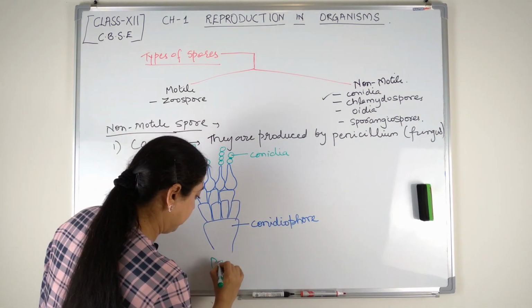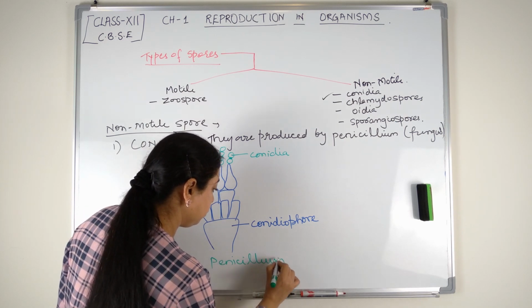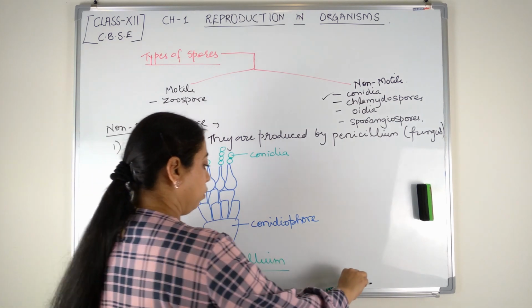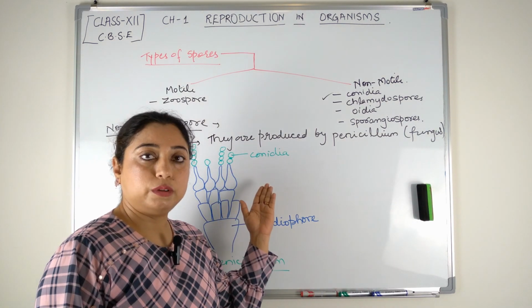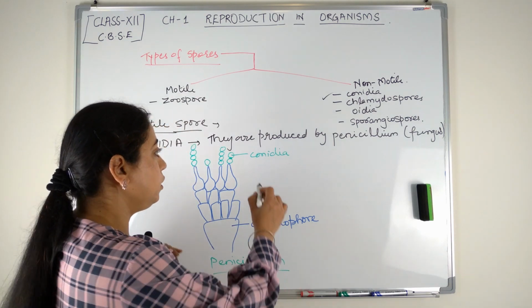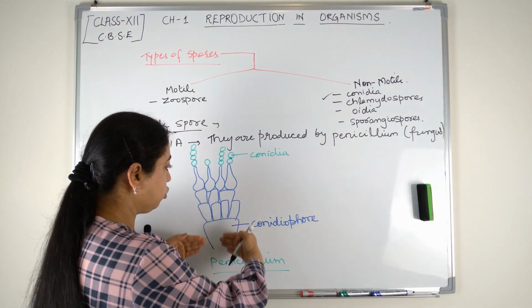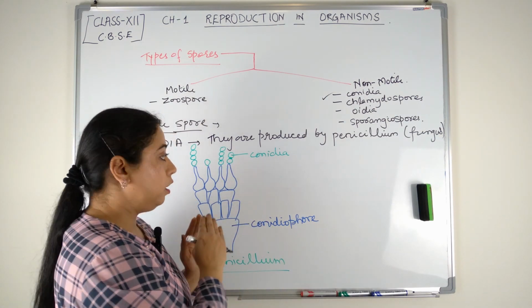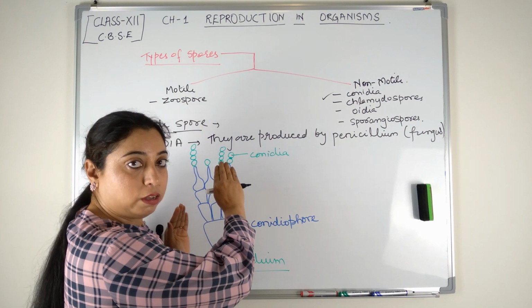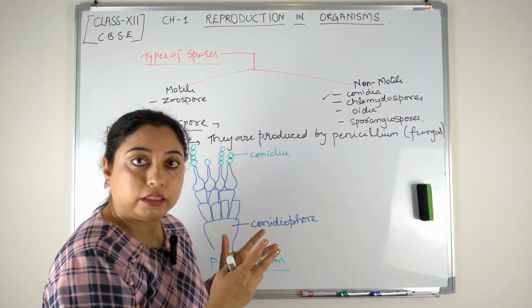This is Penicillium. Now, what are the features of conidia? As is clearly visible from the diagram, conidia are produced at the tip of a special hyphal branch called the conidiophore.